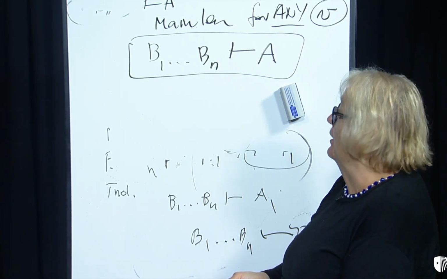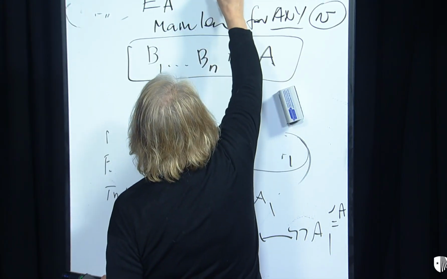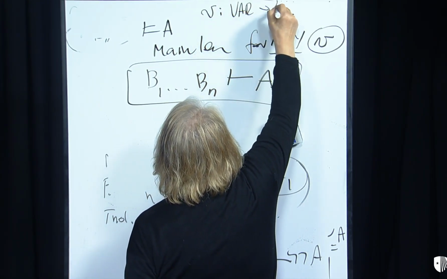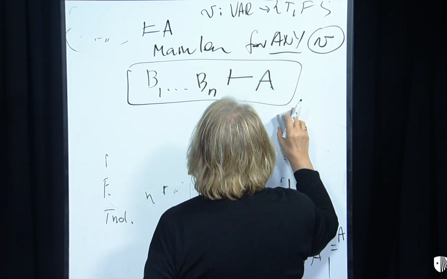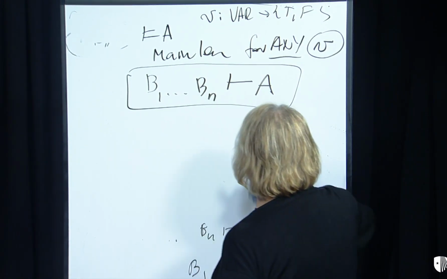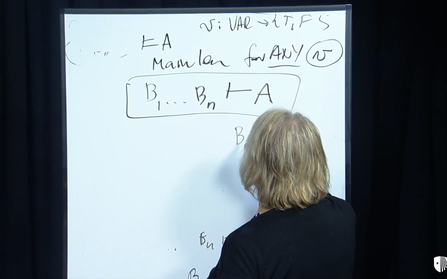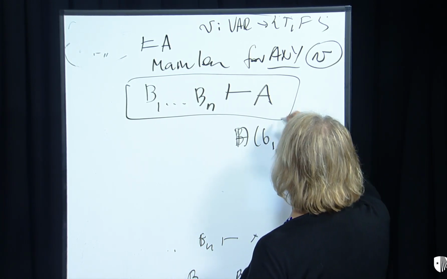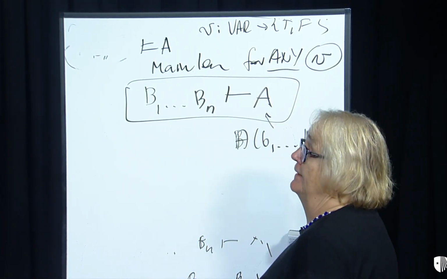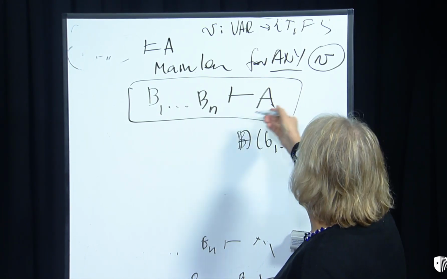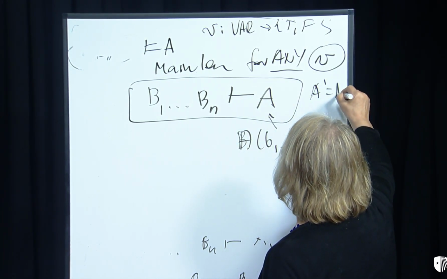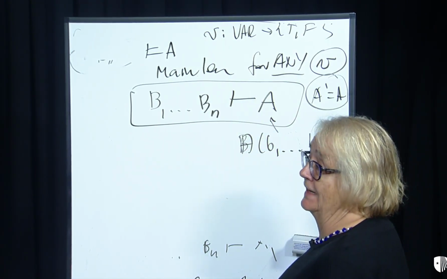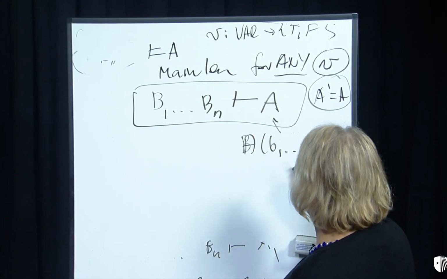Now, this V takes variables to T or F, right? And those capital B's correspond to little b's which are in our formula A. Now, I know that A prime equals A for all V, because A was a tautology. So now, what's happening on those little b's?